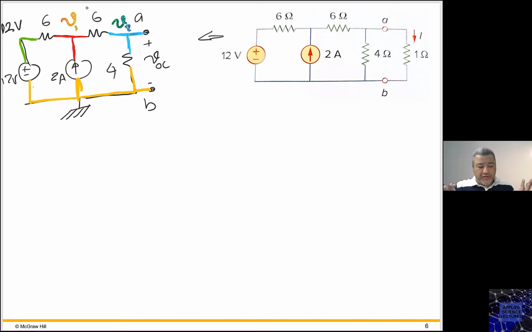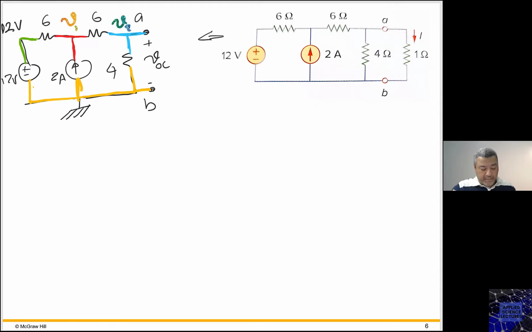Now notice that V2 is VOC, right? But I just made it this way. So the same approach that you've seen earlier is not changing at the moment until you completely understand how those variables are related. So notice that here, V2, the voltage between this node and the reference, is the same as VOC, right?